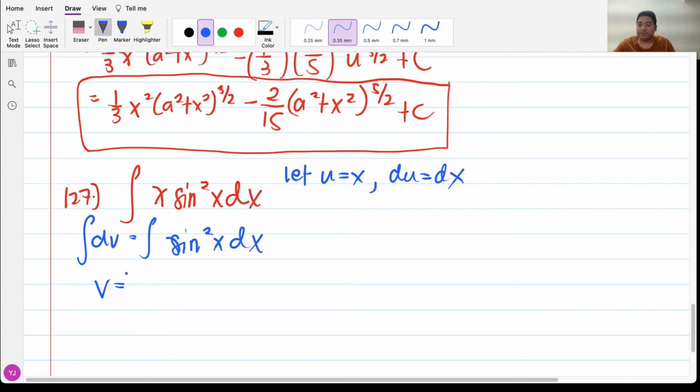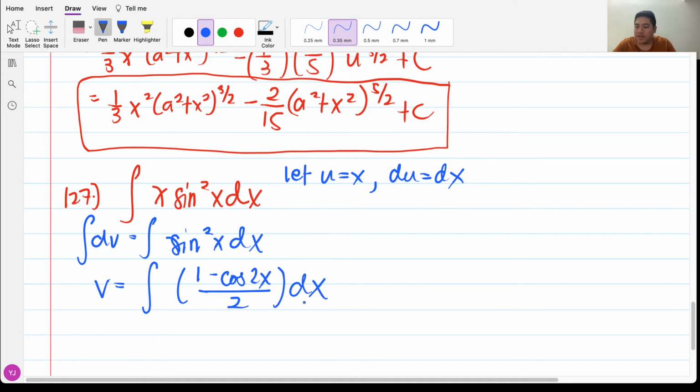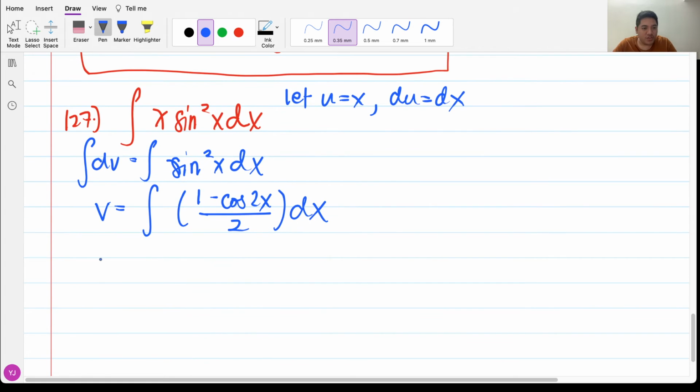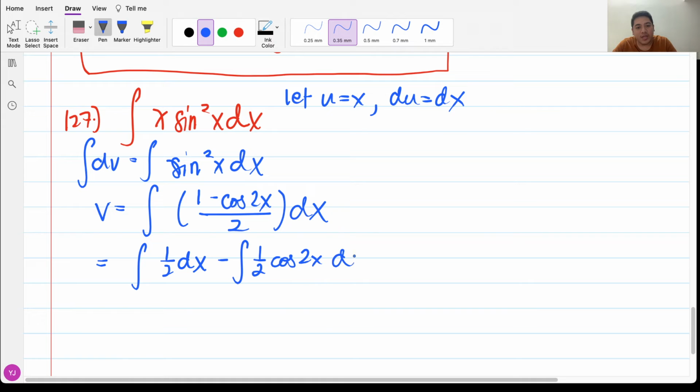But the problem here is that sine squared x dx has a half angle formula. We can translate this as 1 minus cosine of 2x all over 2, then we have dx. So if we just integrate that by sum and difference, we have 1 half dx minus the integral of 1 half cosine of 2x dx.